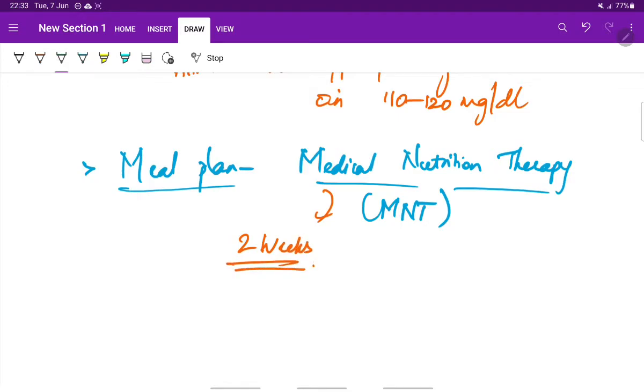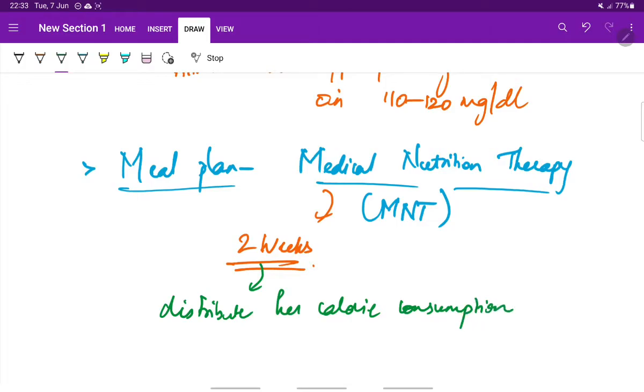This is nothing but the woman is asked to distribute her calorie consumption over the day instead of having everything together. So, this includes splitting the breakfast into 2 halves and eating the breakfast with a gap of 2 hours in between.